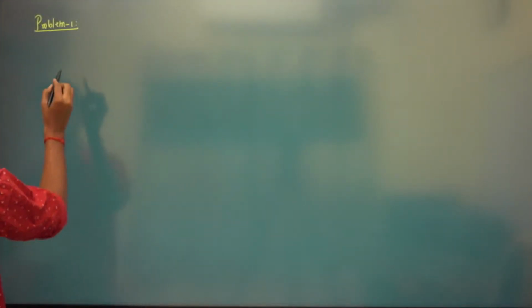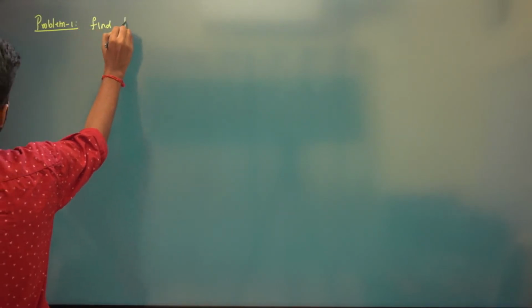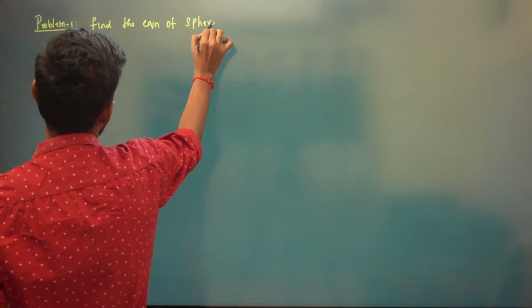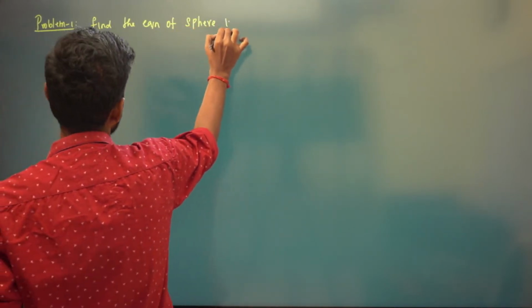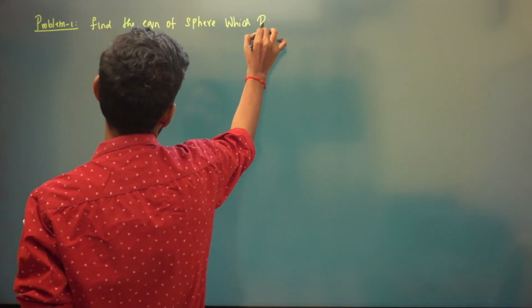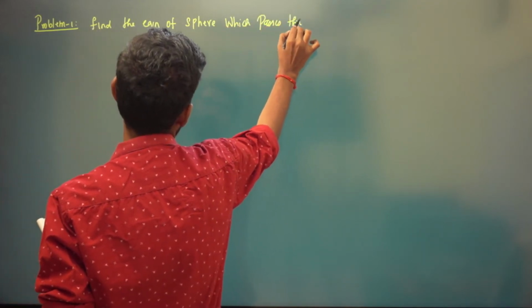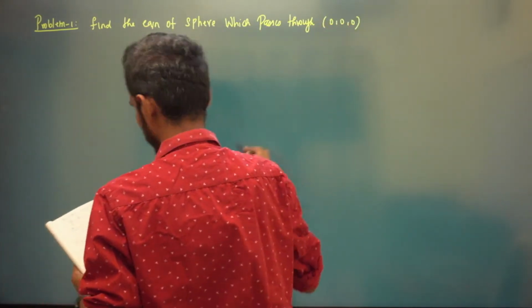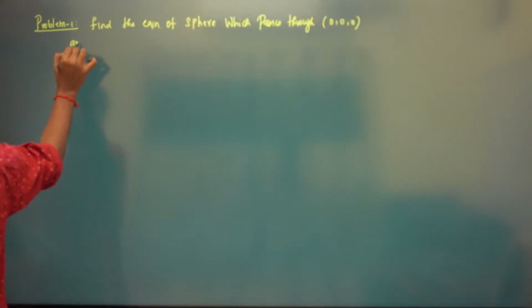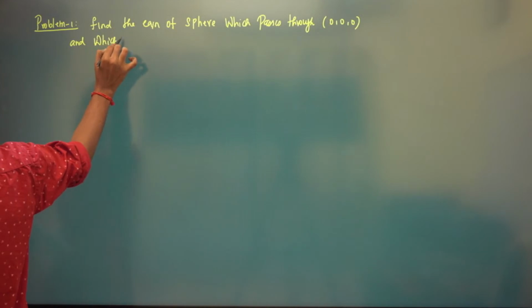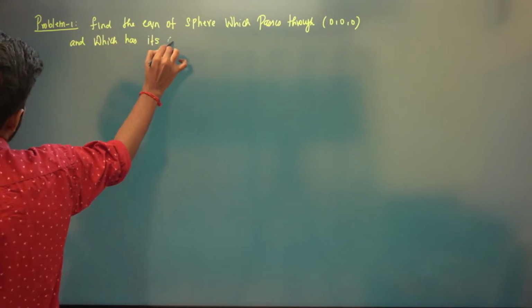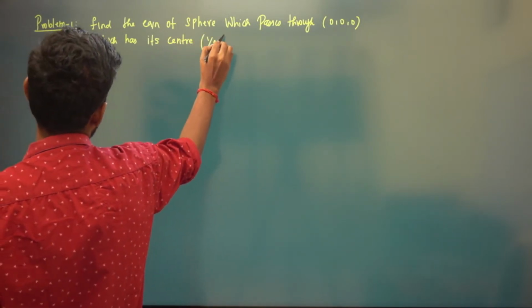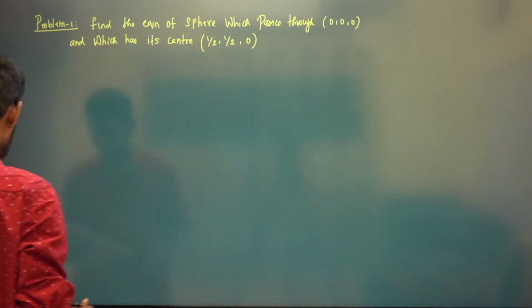Find the equation of the sphere which passes through 0 comma 0 comma 0 and which has its center at 1 by 2 comma 1 by 2 comma 0, right?